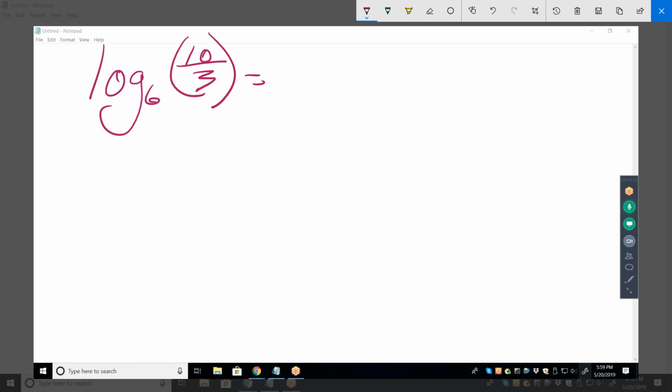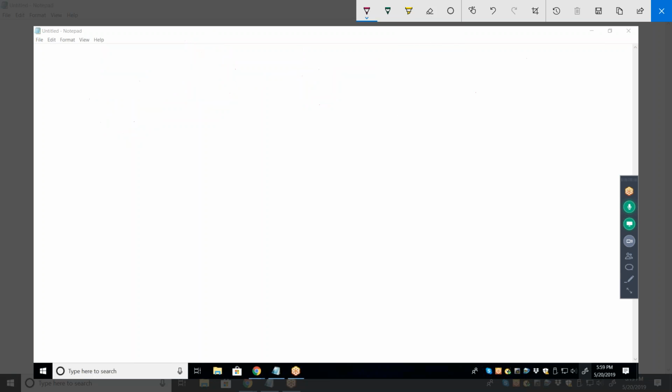It'd be log base 6 of 10. Okay. Minus log base 6 of 3. That's it. Okay, cool.